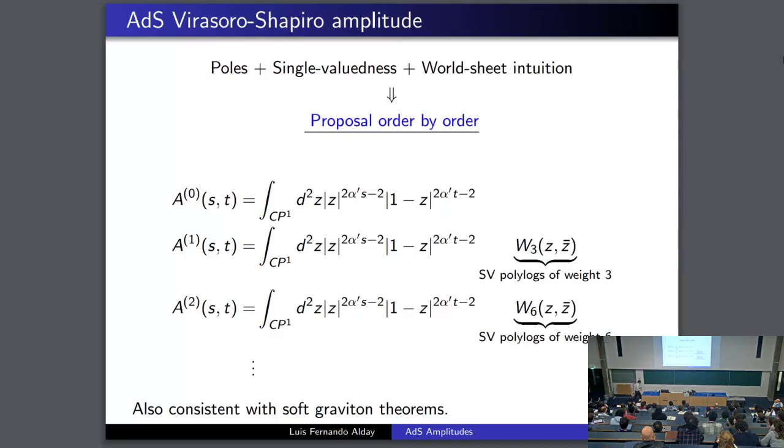And notice the following. Imagine that I tell you, can people see if I write here? Yeah? So imagine that I tell you that we have 1 over S minus N, and I want to take derivatives with respect to S in such a way that I increase the order of the pole, okay? If we take one derivative, we end up with a second order pole.